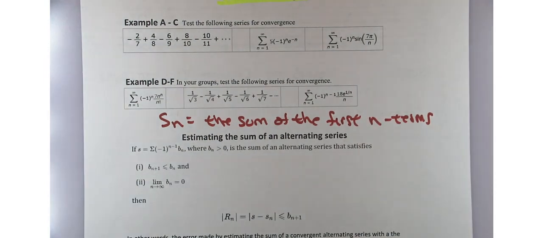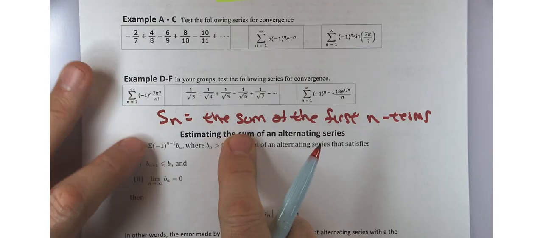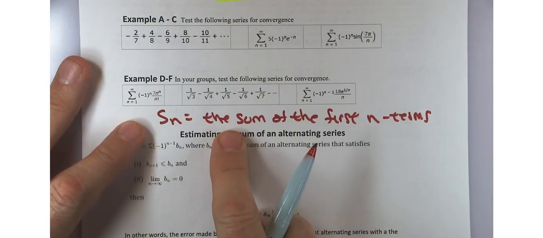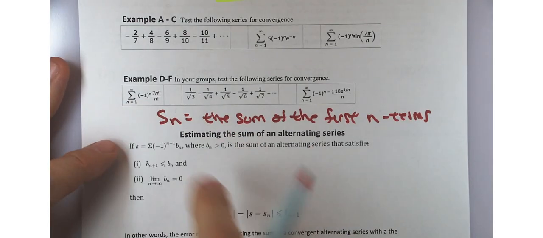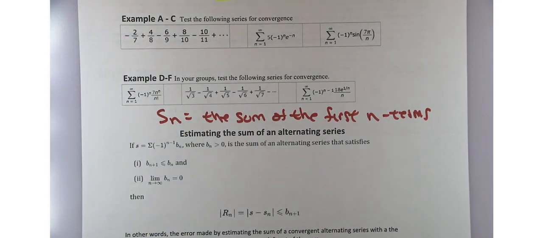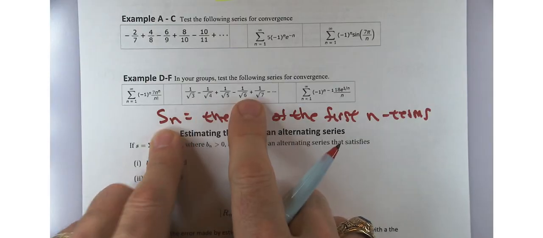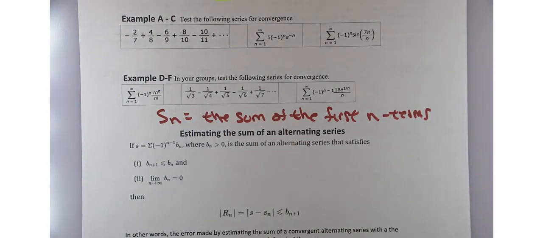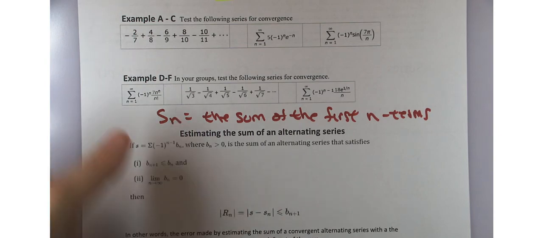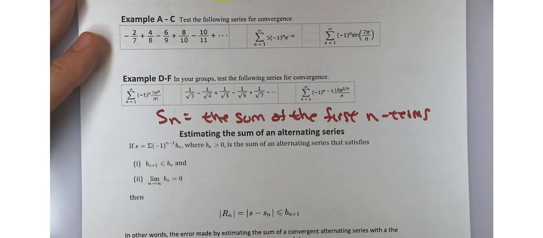And there's something really cool and amazing about alternating series, and that is the error that you make is going to be the difference between the series itself and where you cut off your approximation. So if we're going to approximate the sum of this series by, say, the sum of the first 10 terms, how much of an error are we making? Well, the nice thing about an alternating series is that there's a bound for how much of an error you're making.